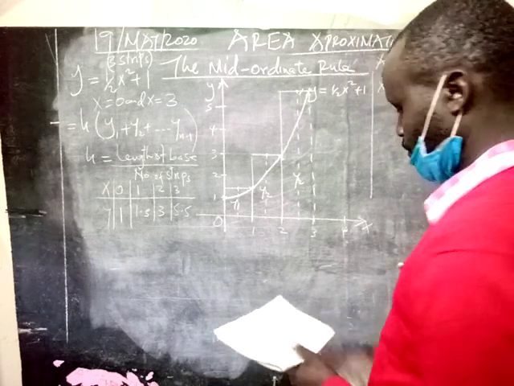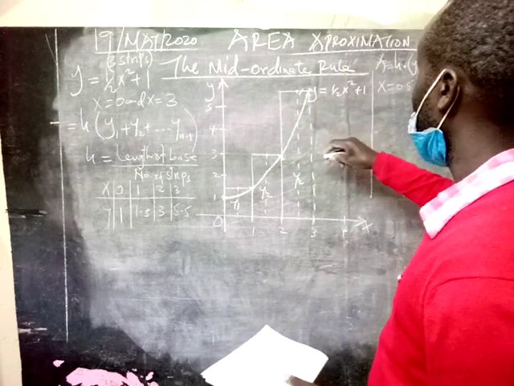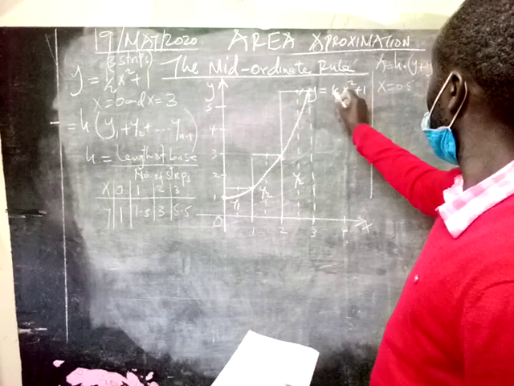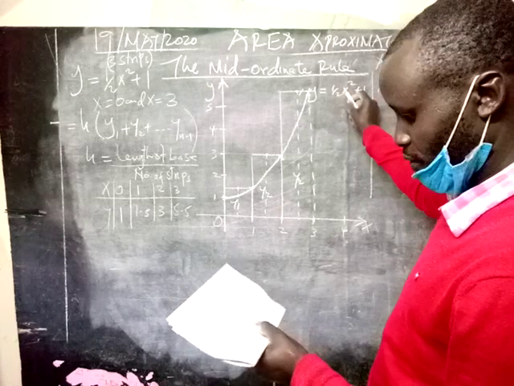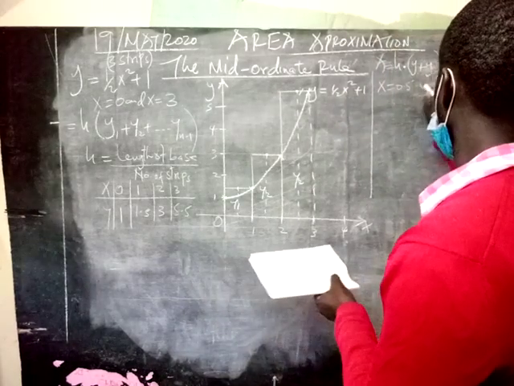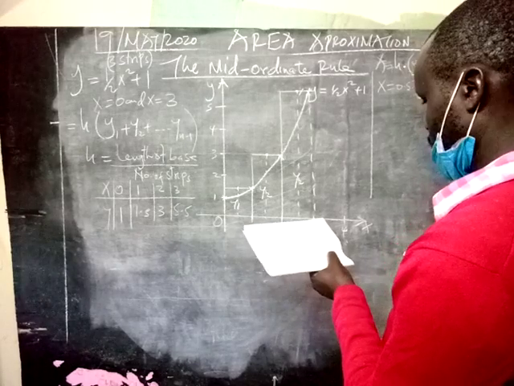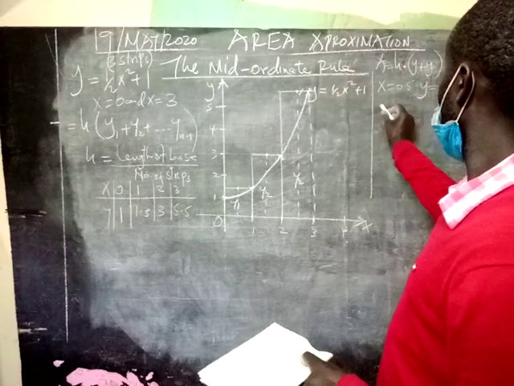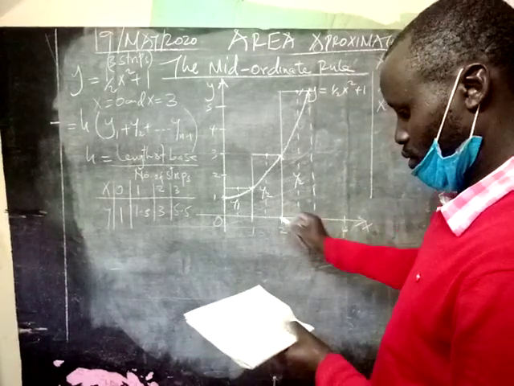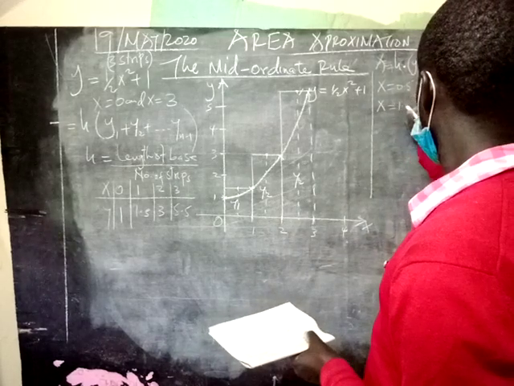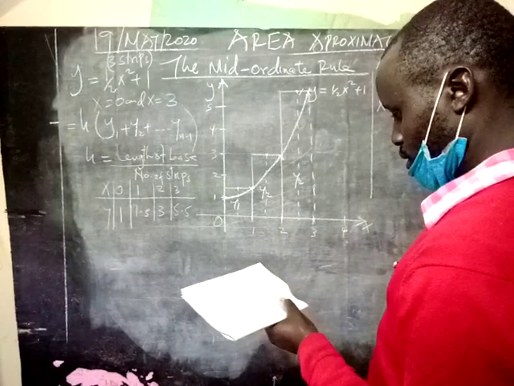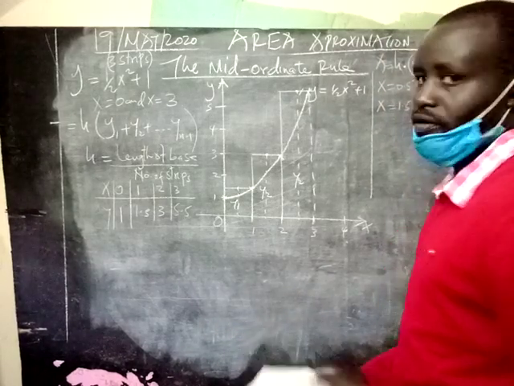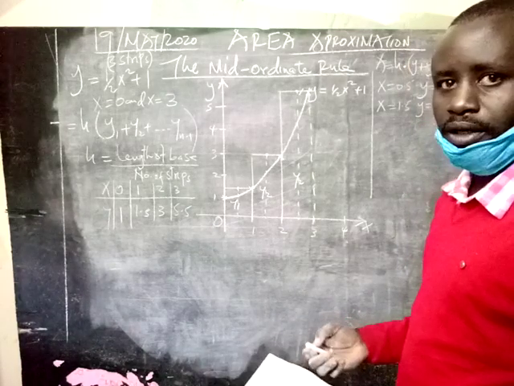Using this formula, what is the value of y when we have x as 0.5? So for this case, when x is equal to 0.5, then we are going to have our y as 1.125. When you replace x in this curve, again, when we have x as 1.5, then we have y as 2.125.